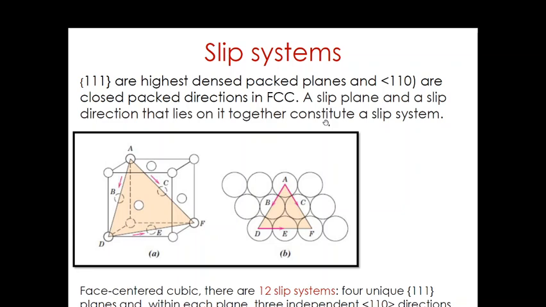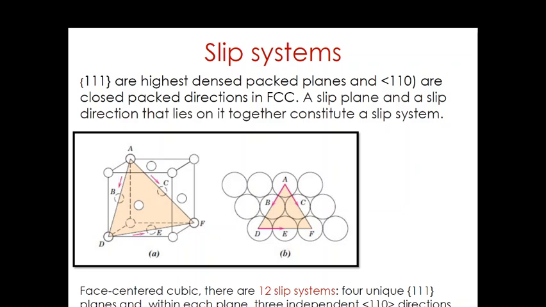Remember that if you find the Miller indices of these three directions, you will get Miller indices in the combination of [bar 110] or [1 bar 10], but you will not get [110].